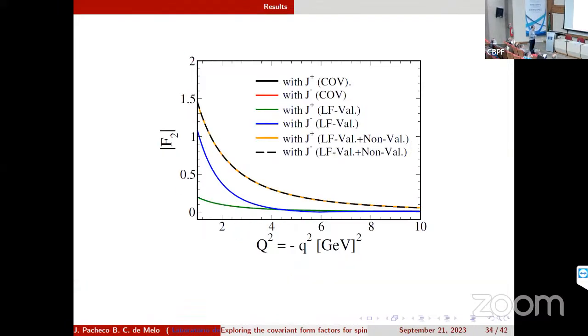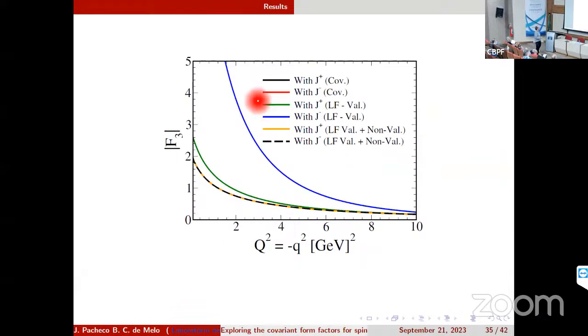Now F2 also, you see the black, red, and green, and green also broken symmetry. With the plus component, F2. But with covariant calculation, equal time, plus and minus give exactly the same result. Blue is here. After I add zero mode for plus component and minus component, I obtain recovery of the covariance here, up to 10 GeV squared. I can go more.